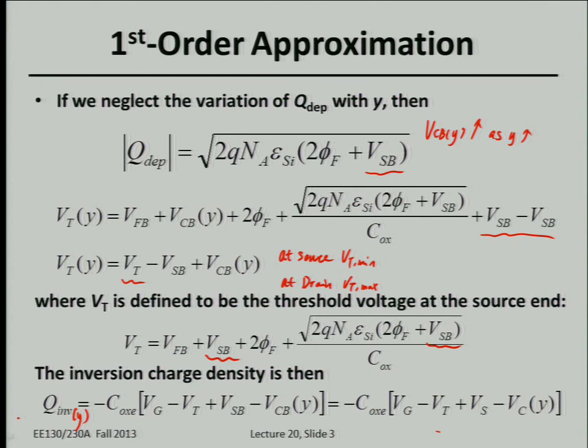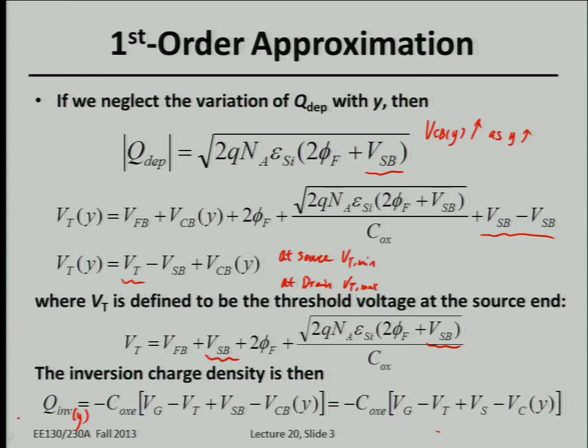But for simplicity here, although we do take into account the contribution from the drain bias by writing VCB as a function of y, which we use to calculate the inversion charge at a certain distance, for the channel depletion charge we assume it's a constant, equal to the depletion charge at the source end.